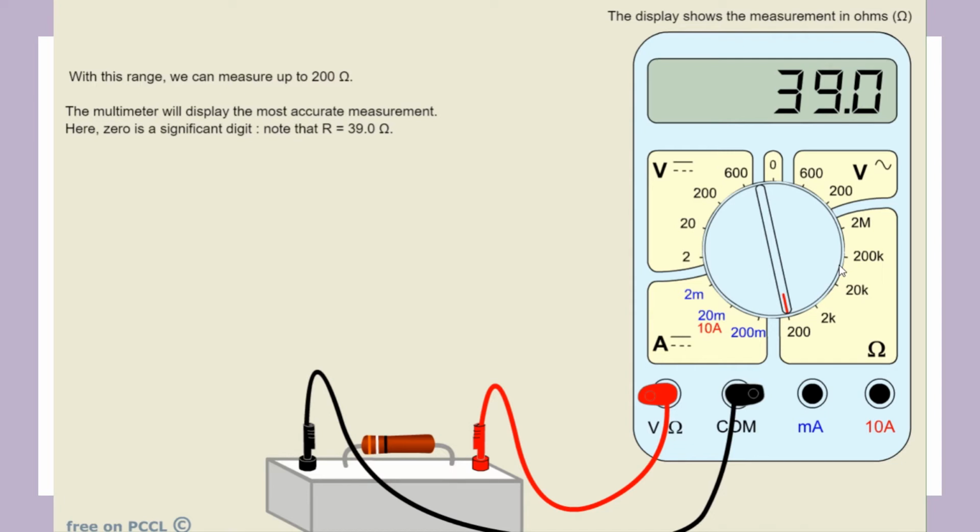The resistor is not in a circuit, so we isolate the resistor, we take it out of the circuit, and we are able to measure the resistance of a resistor. Now in this case the value is 39 ohms.